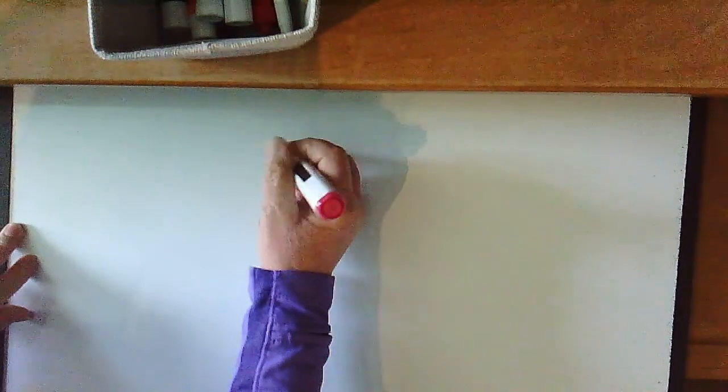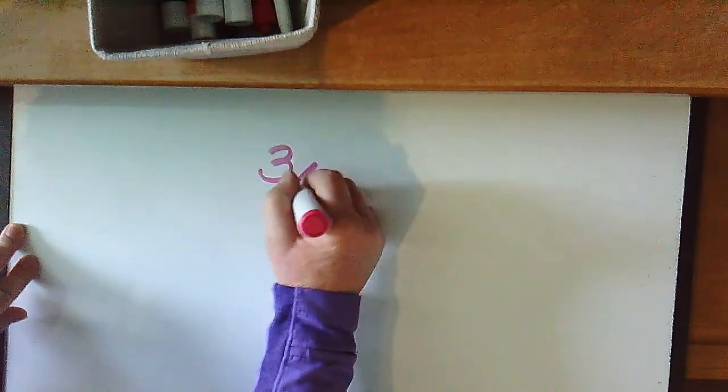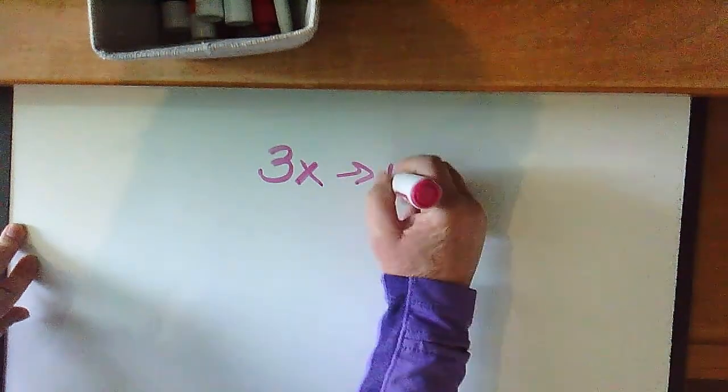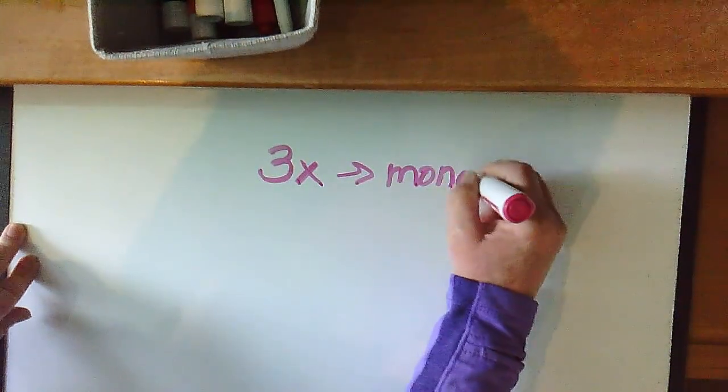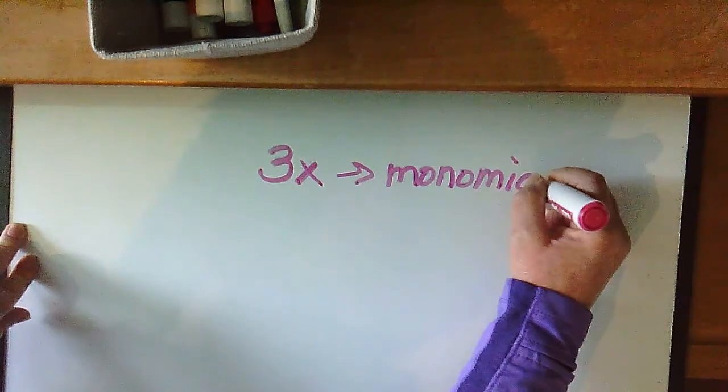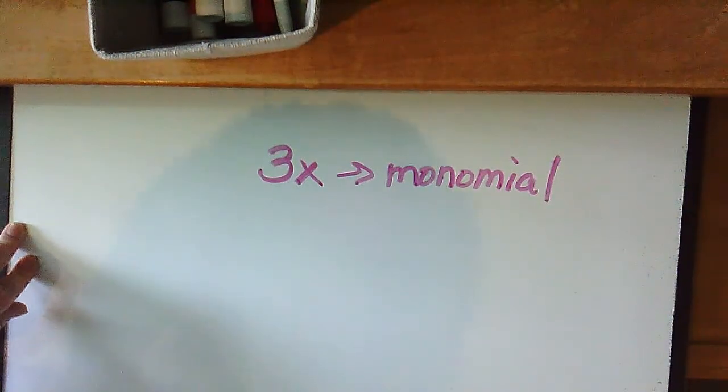So, some polynomials are classified by the number of terms they have. They only give special names to the first three. The first one is called a monomial. Mono means one. It only has one term.